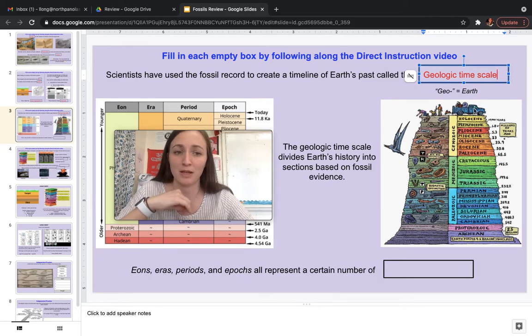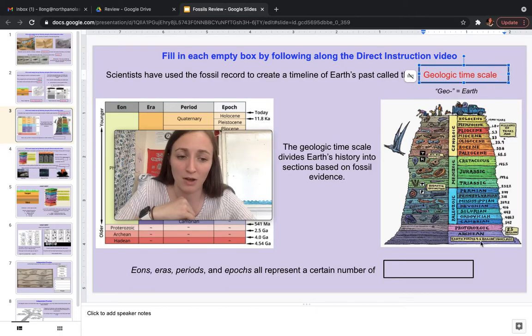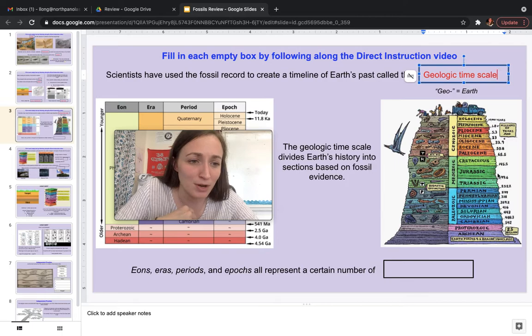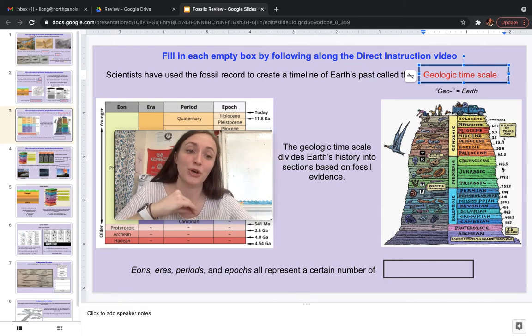And remember, the top being closest to recent, the farther down, the older or more long ago it was. So the Jurassic time period is like 145.5 million years ago. So we know that long ago is when there were dinosaurs.